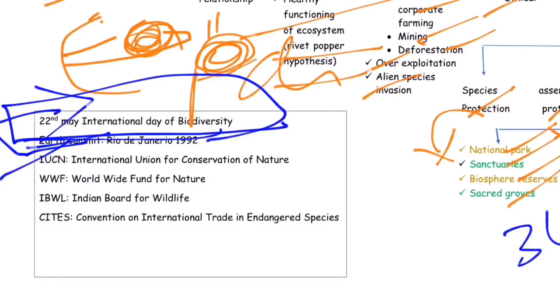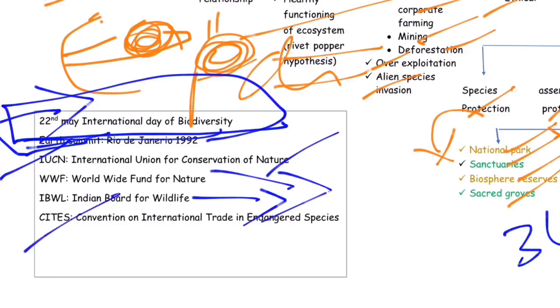It mainly deals with conservation of nature and natural resources. Next one is World Wildlife Fund for Nature, which is mainly concerned with protection of wildlife. Next one is Indian Board of Wildlife, which deals with conservation of wildlife of India. And next one is CITES, Convention on International Trade in Endangered Species of Flora and Fauna. It mainly deals with trade of endangered species.